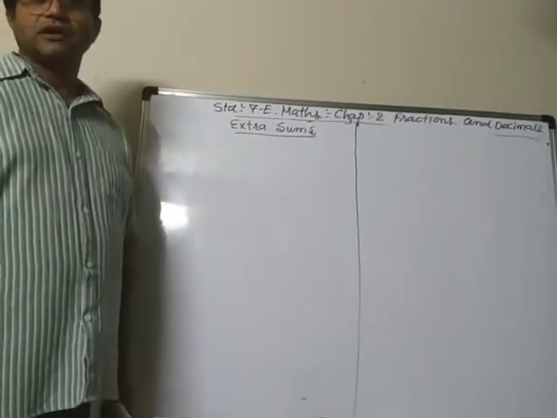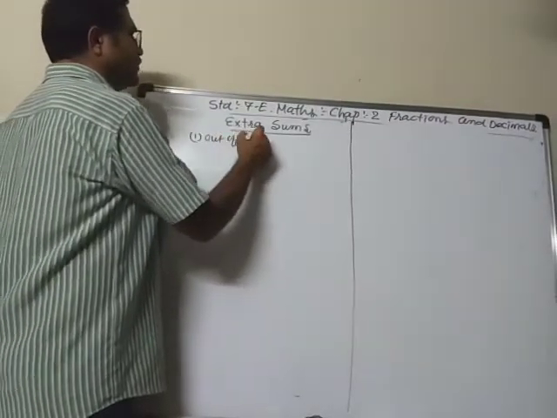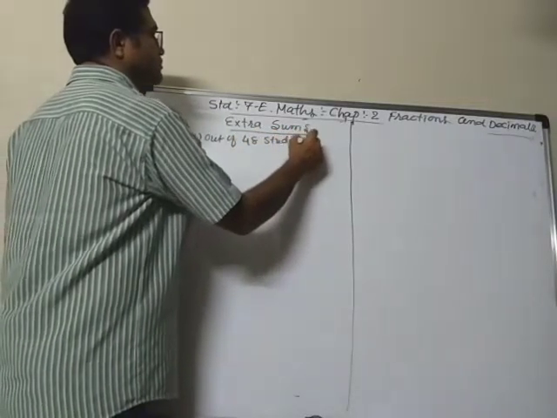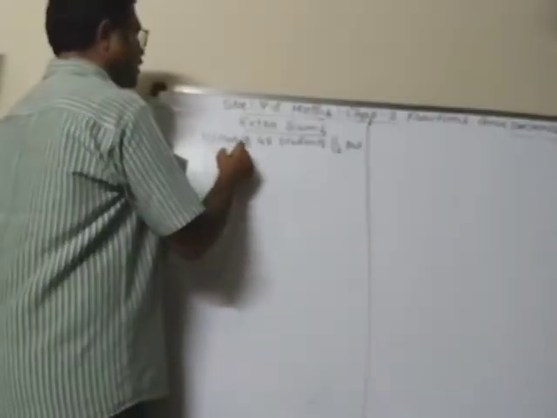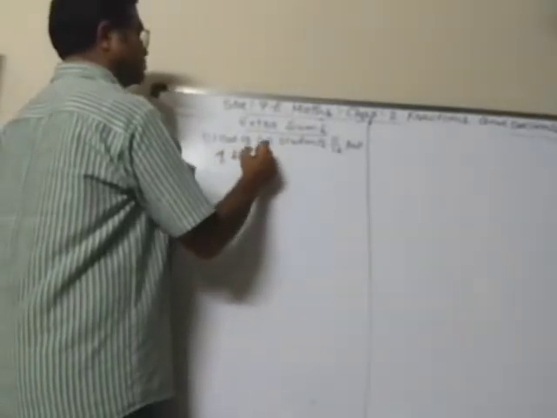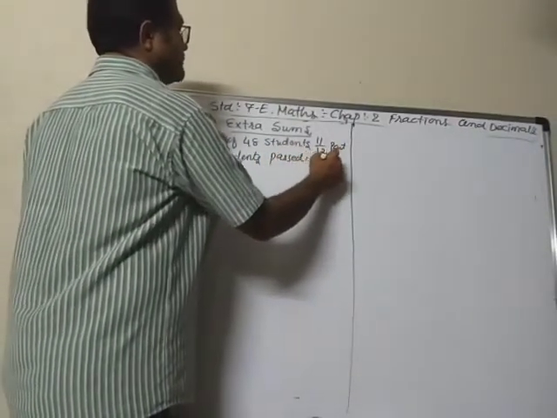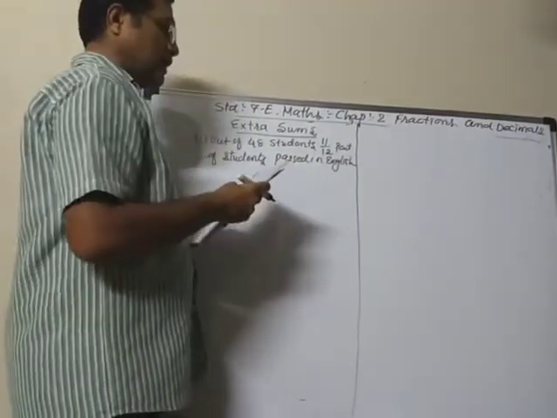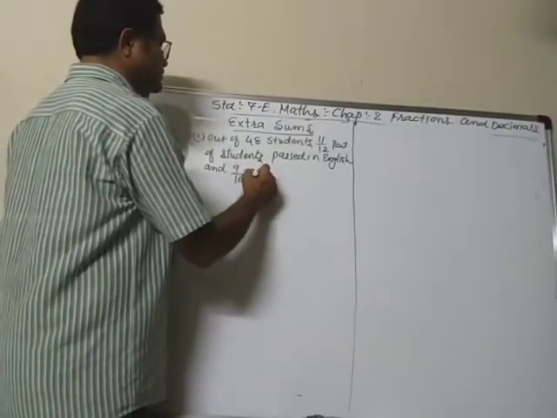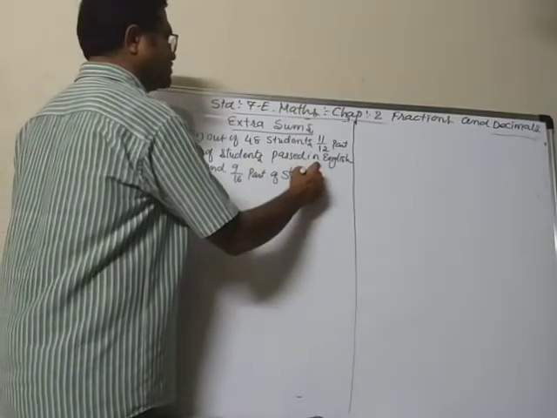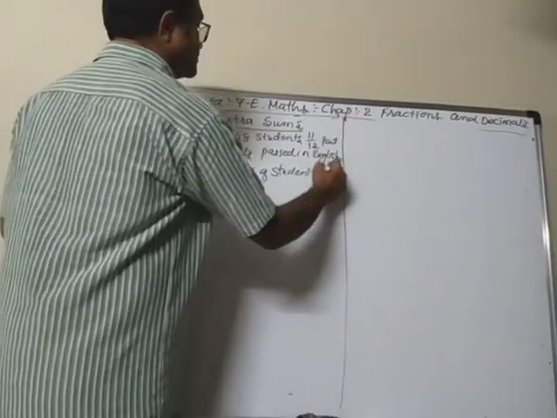Some extra examples or the sums. Out of 48 students, 11 by 12 part of students passed in English, and 9 upon 16 part of students passed in maths.